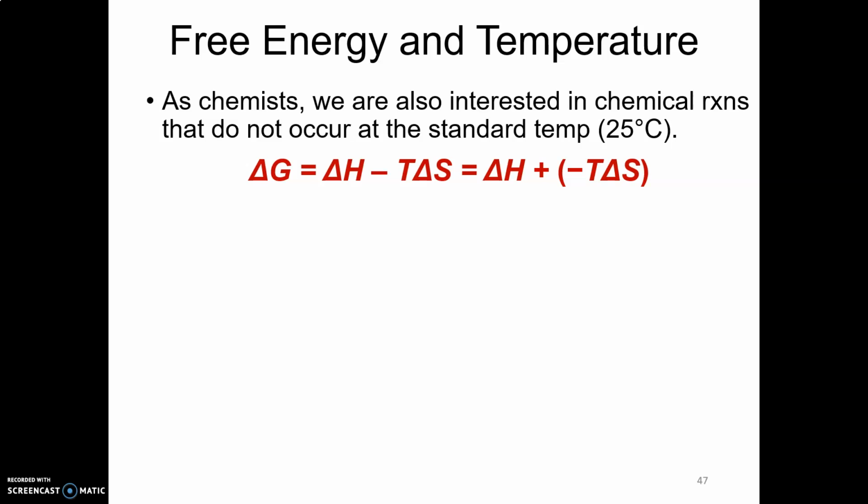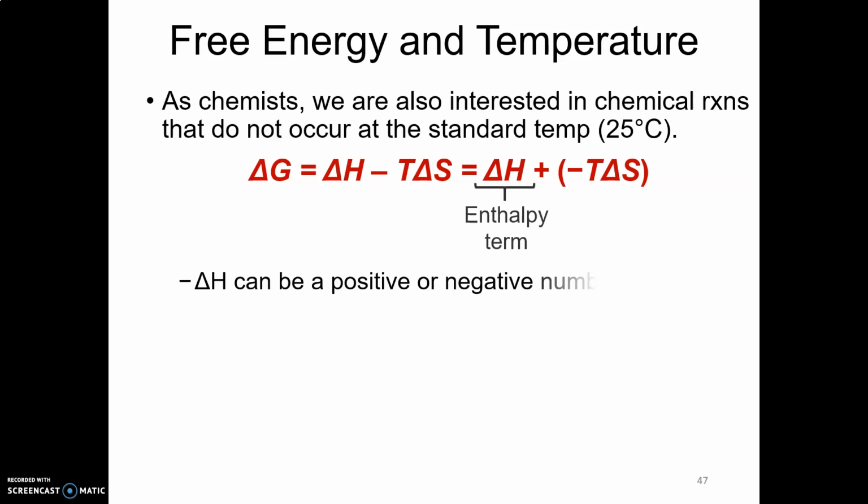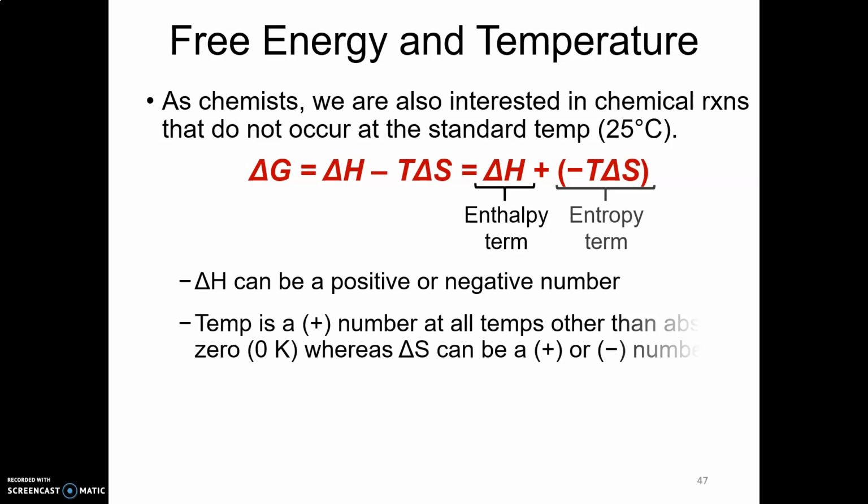As chemists, we're interested in chemical reactions that don't always have to occur at 25 degrees Celsius. Sometimes they do, sometimes they don't. But what we see here is that free energy is dependent upon the temperature because entropy is dependent upon the temperature and free energy is dependent upon entropy. So when it comes down to it, in this equation, delta H minus T delta S, you have two terms. You have the enthalpy term, which could be negative or positive, and you have the entropy term that could be negative or positive.